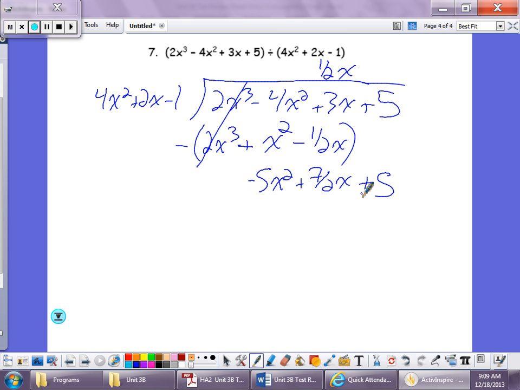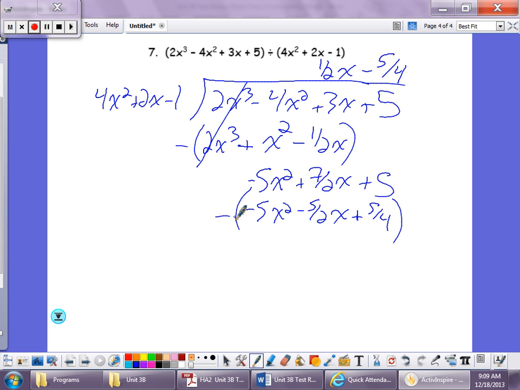So again, I have 3 terms and 3 terms, and I want to somehow get from 4x squared to negative 5x squared. And what would I have to multiply to do that? Negative 5 fourths, yeah. Negative 5 fourths. So then you'd get negative 5x squared minus 10 fourths, which is minus 5 halves x, plus 5 fourths.